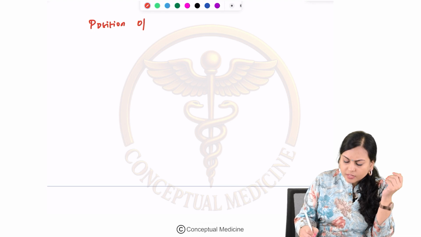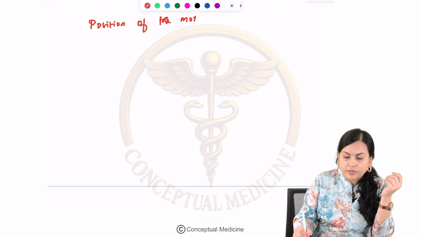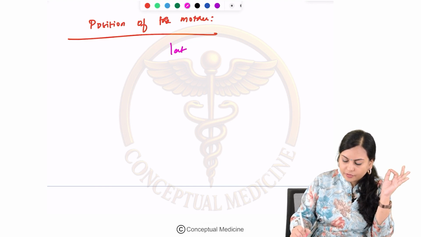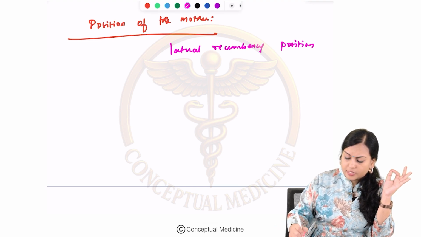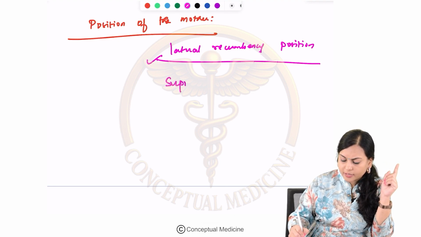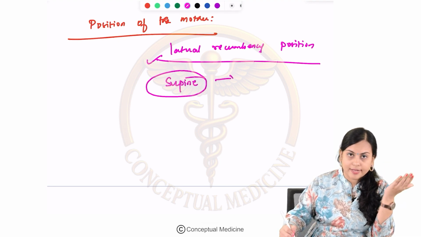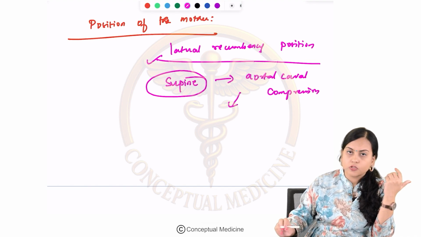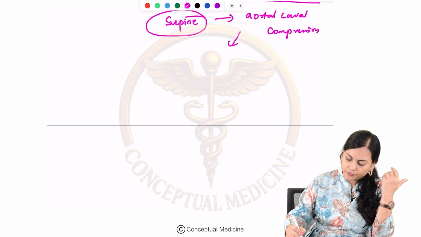See, the mother can assume any position during labor, okay, but most of the mothers will prefer the lateral recumbency position, and lateral recumbency position is preferred. This is suggested because the mother shouldn't be encouraged to lie supine, because while lying supine it will lead to aortocaval compression by the uterus, and that can lead to supine hypotension syndrome, okay.